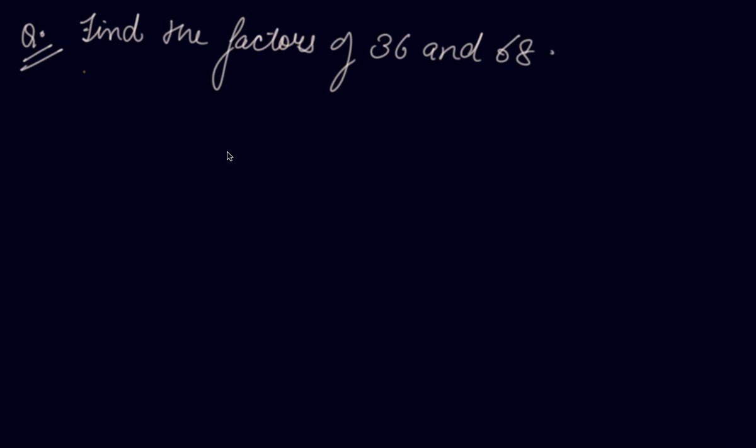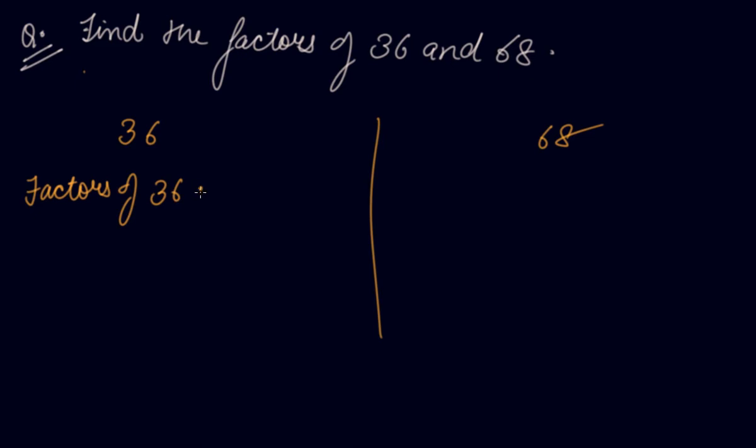This is the question. Find the factors of 36 and 68. We have to find the factors of 36 and 68. Now let's find the factors of 36, which divide 36 completely. 1 is a factor of every number. 2 is a factor, it divides 36, which means that 36 divided by 2 is 18.